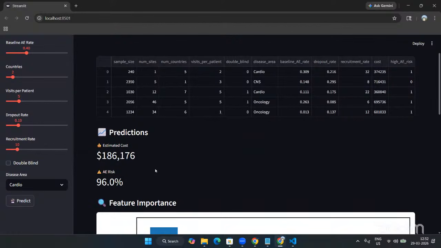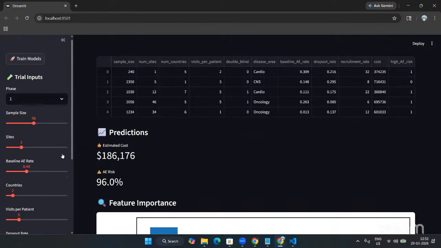So here we need to write the interpretations of how the increase or decrease in sample size is affecting the AE risk. At the same time, we should see this cost also, $186,176.